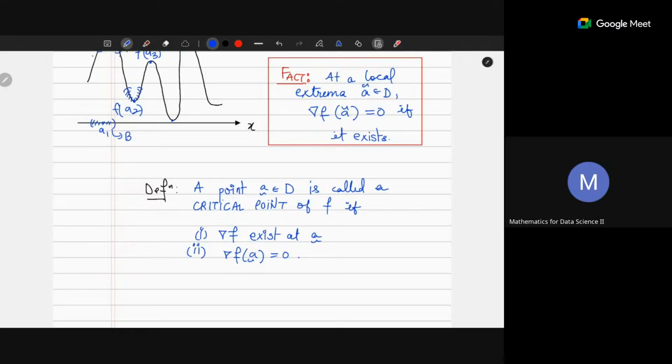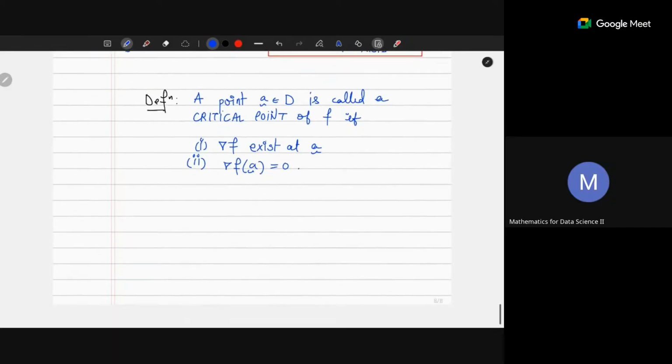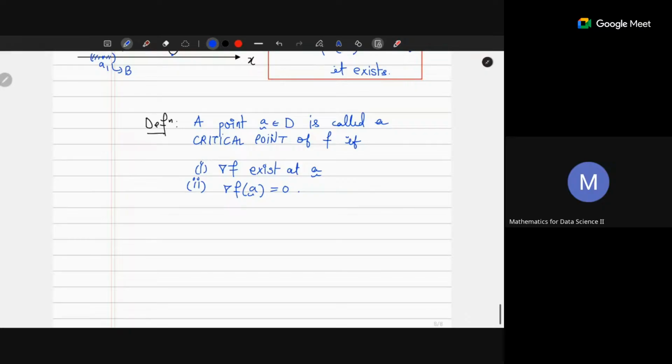Gradient is 0. Okay, so let's consider an example for better understanding. Consider this function.